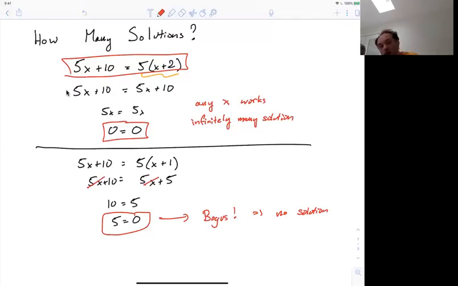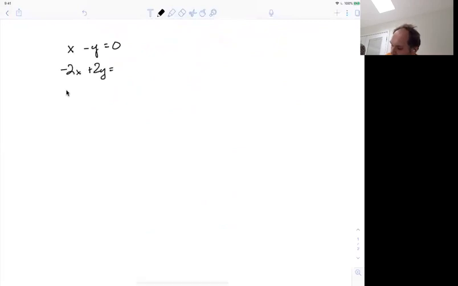Albeit these cases are rare, when we go up to systems of equations or in higher dimensions, things like this are more common. So let's do an example. Let's focus on this example right here. Let's do x minus y equals 0 and minus x plus 2y equals 0.